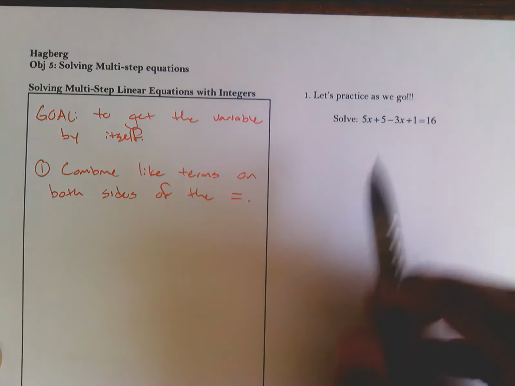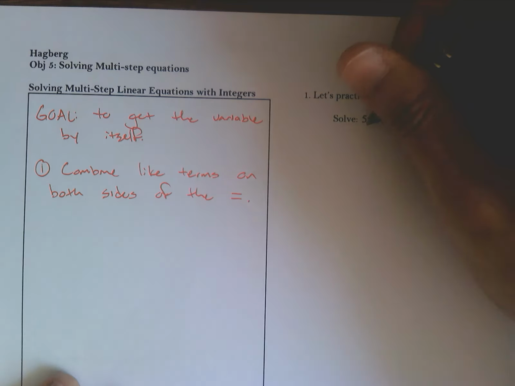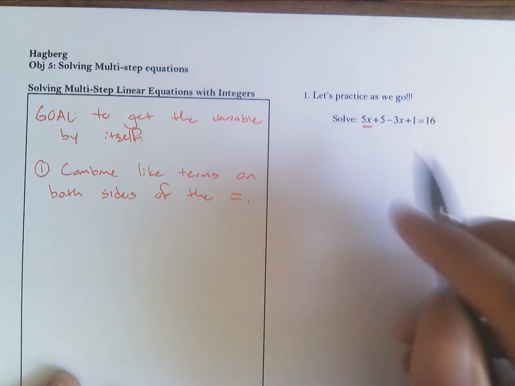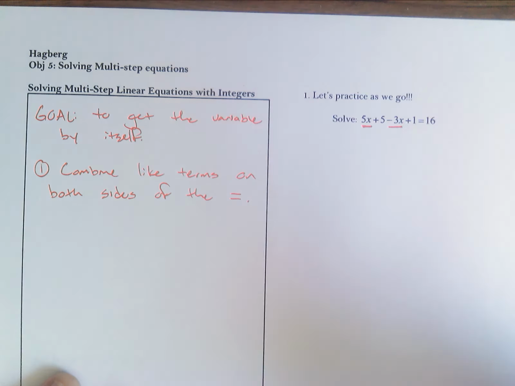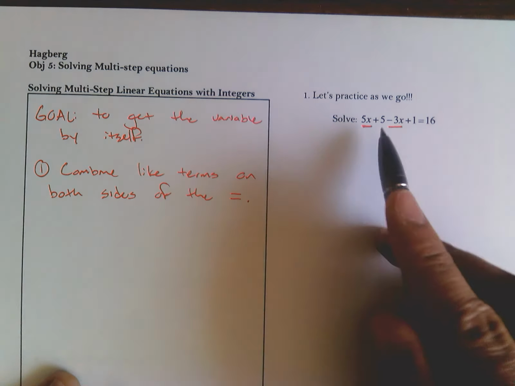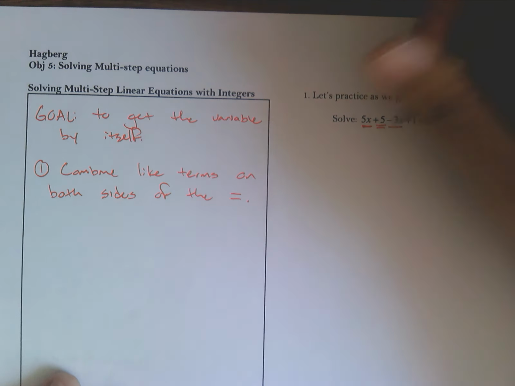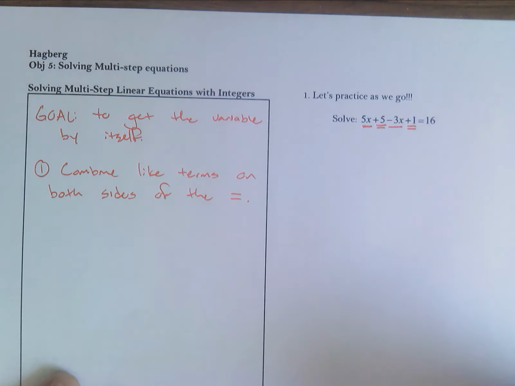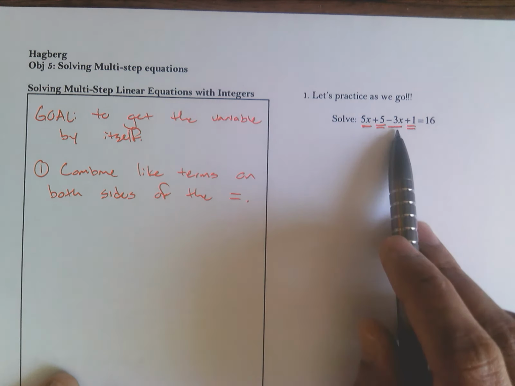Let's do that here. I see a 5x here. That is like terms with this minus 3x. They have the same variable and same exponent. I also see this plus 5 and the plus 1. Those are like terms. So when we combine like terms, we can combine the 5x and the minus 3x. 5 minus 3 is 2.